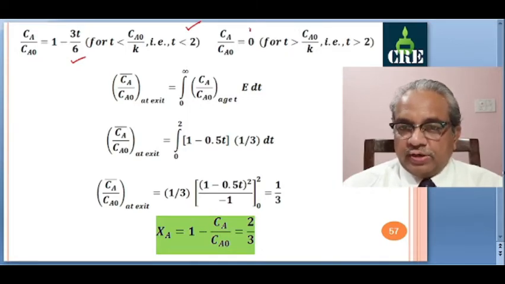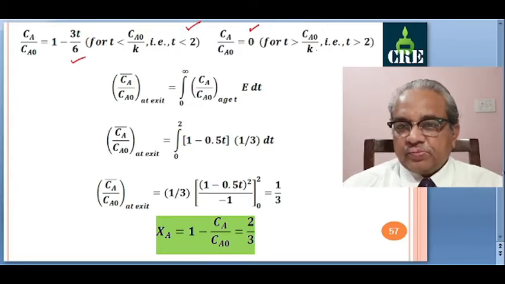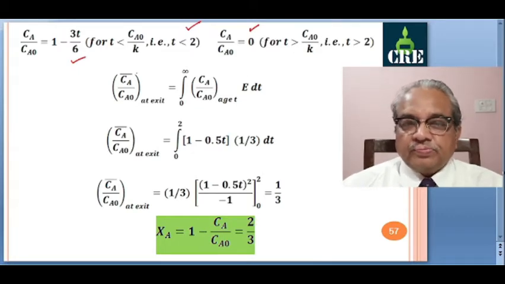So we will not integrate beyond this, and at t greater than Ca0 by K, we say Ca by Ca0 is equal to 0. So the final Ca value is 0 and conversion is complete. We don't say conversion is greater than 1. It cannot be. We get that value mathematically, but the reaction stops there because Ca becomes 0, completely converted.